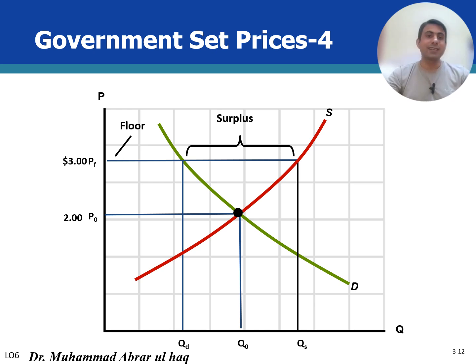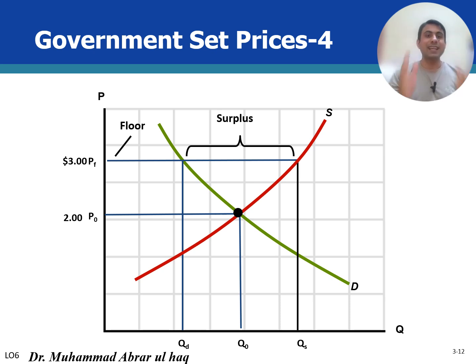The surplus arises when suppliers are motivated to produce more at the higher price PF, leading to an excess of the good that consumers are unwilling to purchase at the elevated price level. Economically, this situation indicates inefficiency in resource allocation, as goods produced go unsold, potentially leading to waste or storage costs unless market adjustment or government intervention occurs.